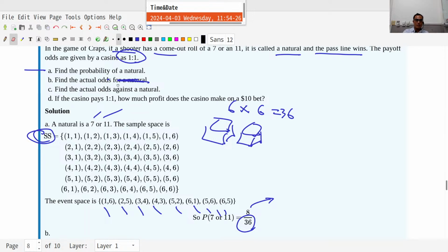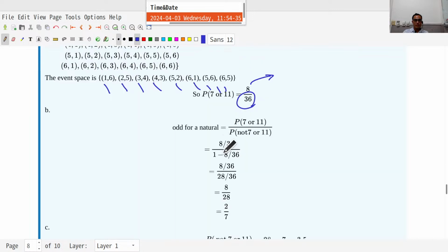And the second question. Find the actual odds for a natural. Out of a natural, the probability of 7 or 11, and the probability of not 7 and not 11. So the numerator is 8 divided by 36, and the denominator is 1 subtract the numerator.